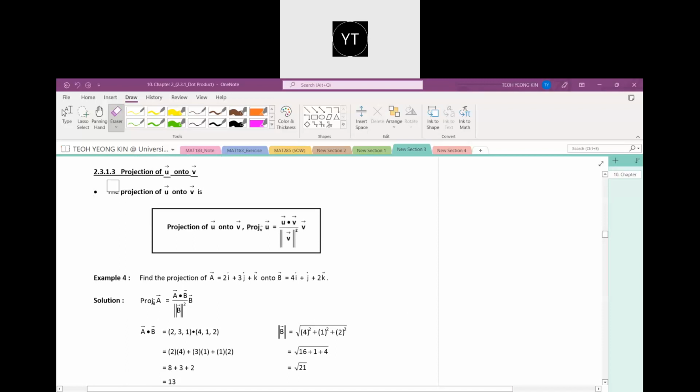So in this video, we'll look at projection of vector u onto vector v. The projection of vector u onto vector v is given by this formula.